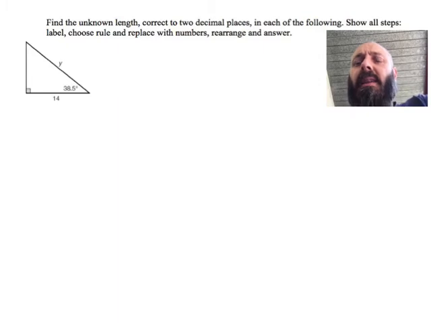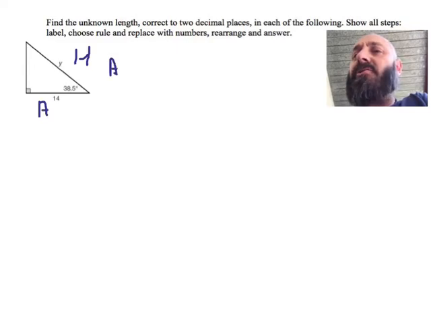Okay, similarly to the last one, I'm going to label my triangle, and I have a hypotenuse across from the right angle. And if I look at my angle of interest, this time I have the adjacent, so I'm going to write that down. My adjacent is 14, my hypotenuse is y.